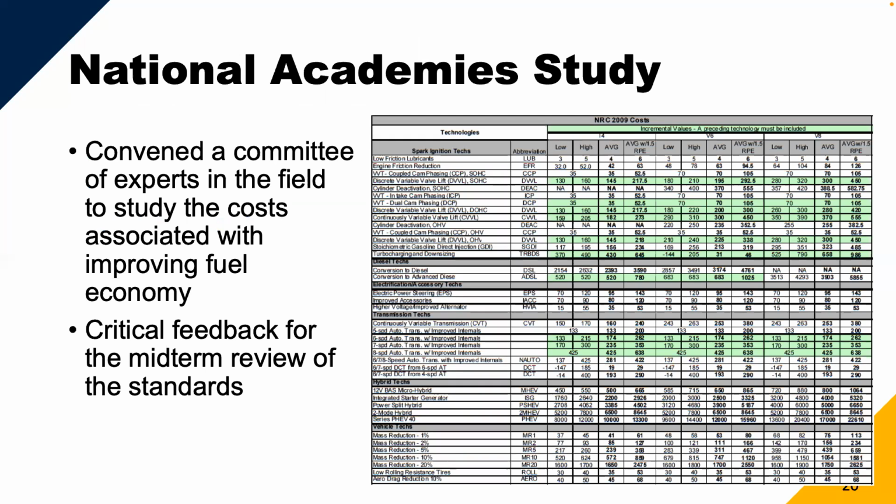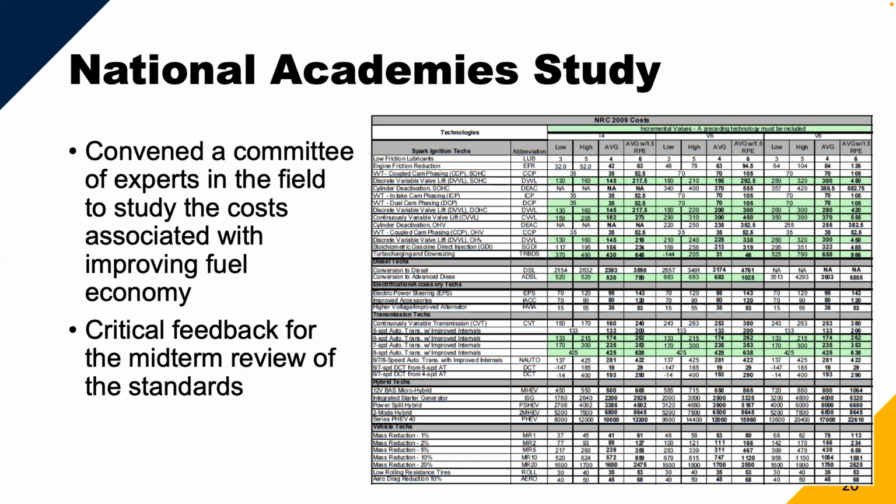Following the regulation, academics convened a bunch of experts to look at these costs as a way to verify and provide updates, especially for the midterm review of the standards.